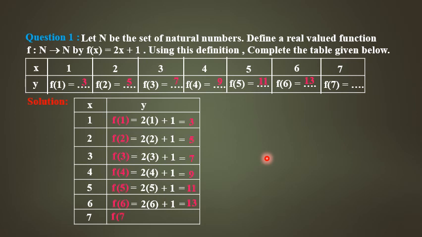So this is how we get the values. This is the input, and this is what we call the output. Inputs are called domain values, outputs are called range values.